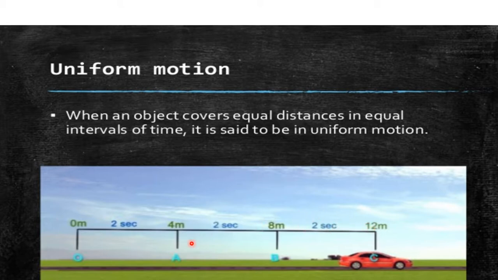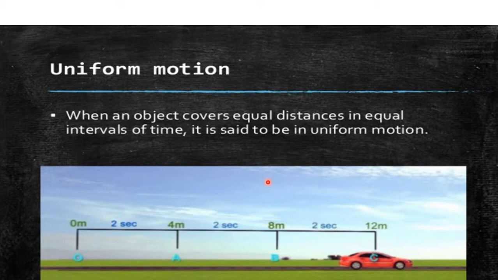So we can say this car is taking similar distance for covering same time. Like 2 seconds takes to move 4 meter, again he takes 2 seconds to move 4 meter, again he takes 2 seconds to move 4 meter.